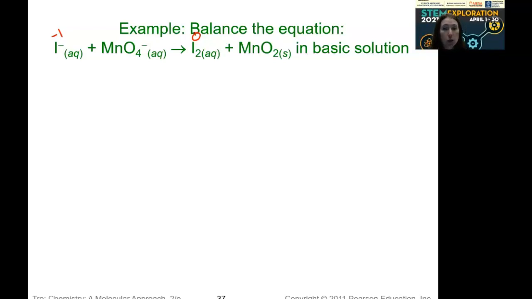If you see any change in an oxidation state, it's a redox reaction. So remember our rules for assigning oxidation states: group 1 is +1, group 2 is +2, fluorine's always -1. So those 3 are non-changeable. Those are non-negotiables. And then oxygen is usually -2, right? Hydrogen's usually +1. But again, those can change.